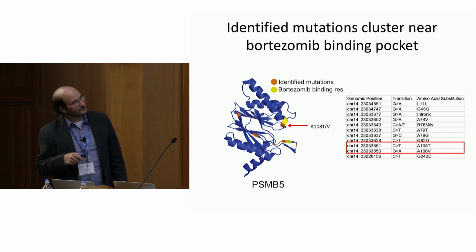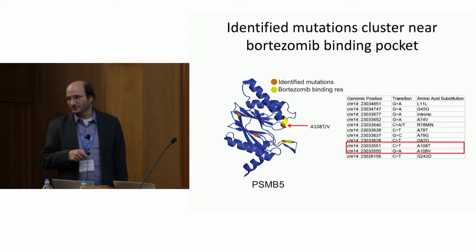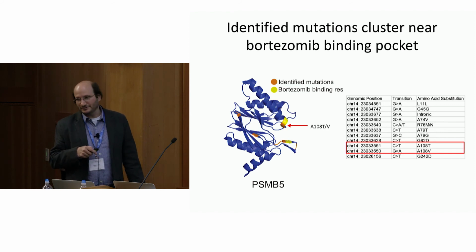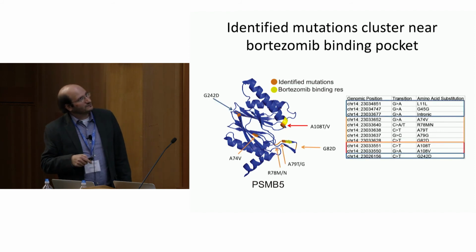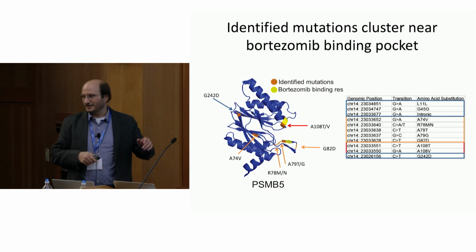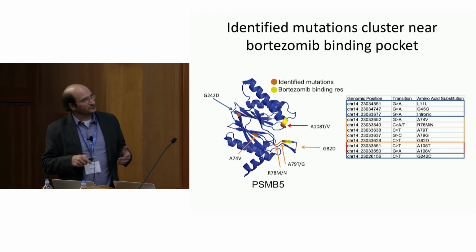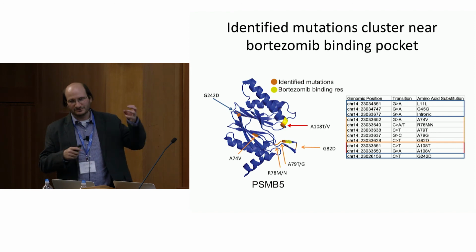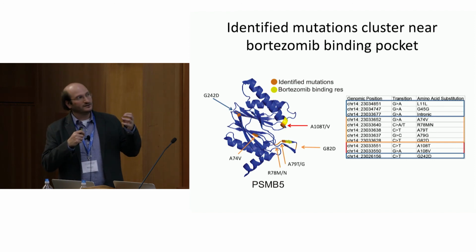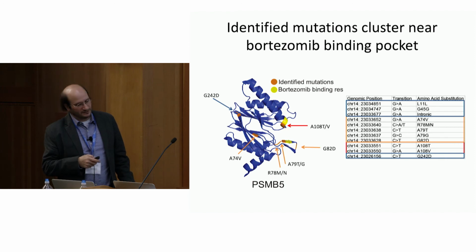So we were happy to see that we could actually recover those same mutants that sit right in the binding pocket. But we could also identify a number of other mutations that occur even on the complete opposite side of the protein, which would not really have been predicted from the structure, but in fact clearly affect the binding somehow of this drug for its target.